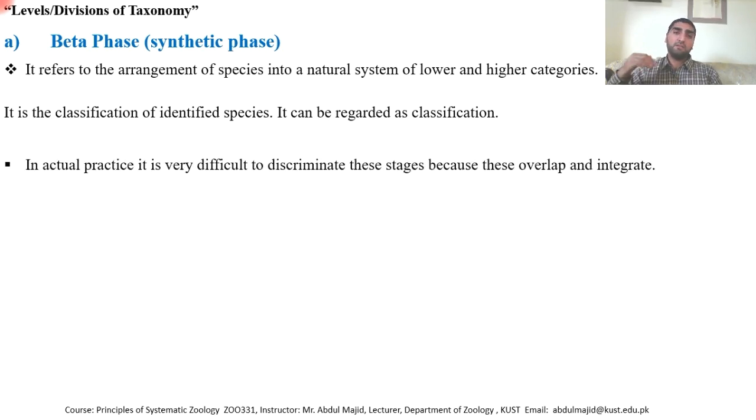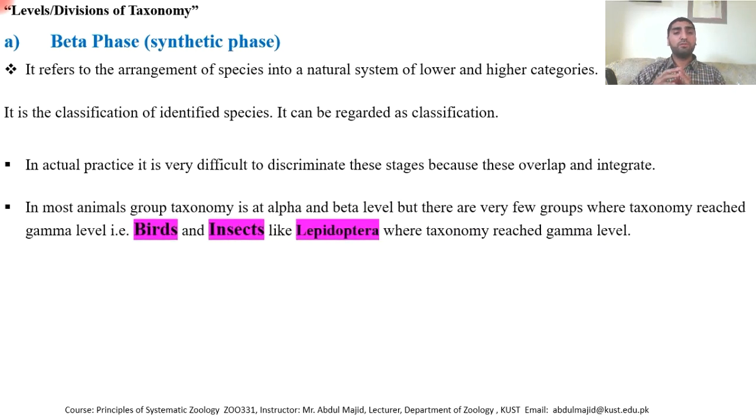In actual practice, it's very difficult to discriminate these stages. It is very difficult to discriminate the beta phase from the gamma, and gamma from the alpha phase, because these stages integrate with each other. In most animals, taxonomy is at alpha level or beta level.